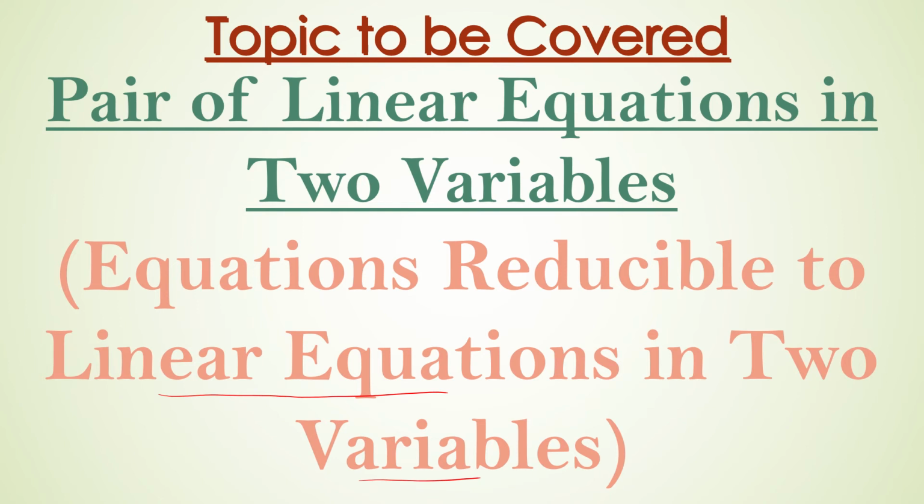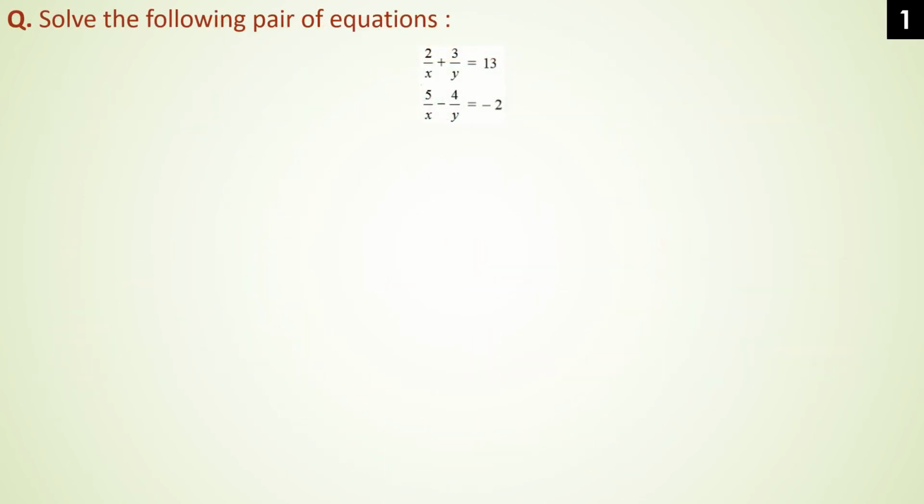That means we are going to learn about the solution of those equations and the finding of the values of the variables or unknowns from equations which can be reduced to the general form of a pair of linear equations in two variables. Let us see this concept by solving some problems.